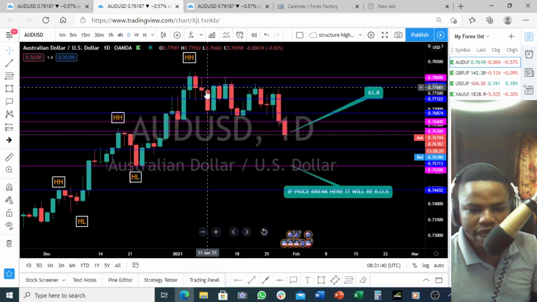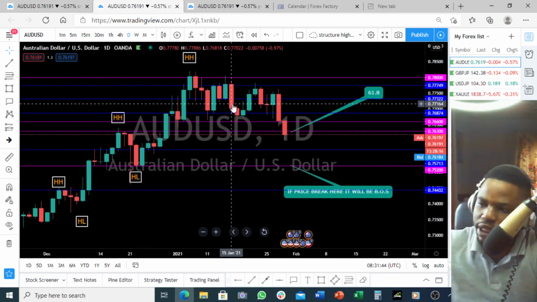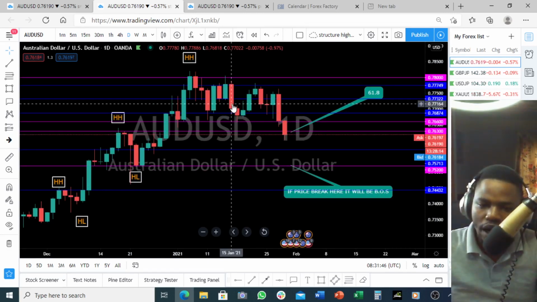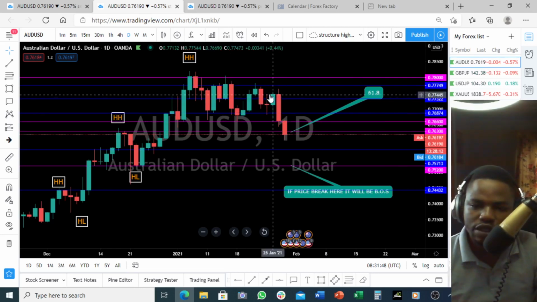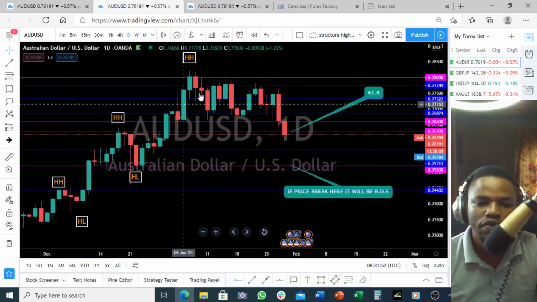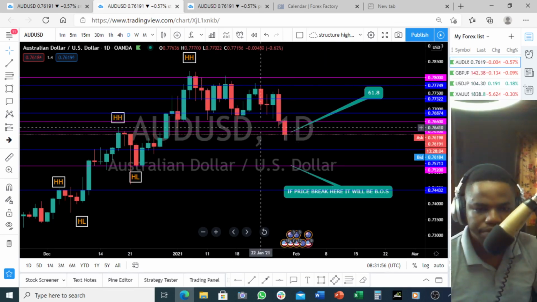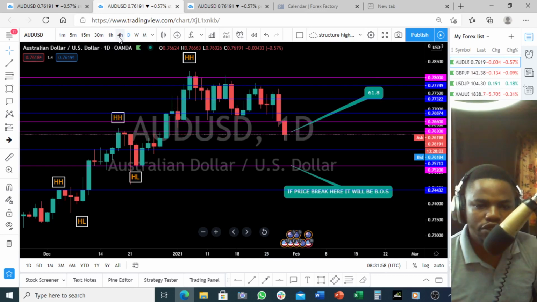We know we still have an uptrend move. The price is retracing at 61.8. Yes, on the lower time frame this might be a downtrend. It's okay, but we know the overall move is still an uptrend, but we are on a pullback leg. From this, we'll go to H4.